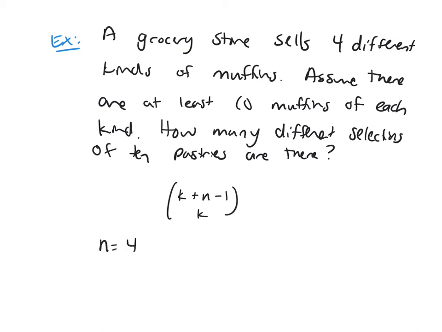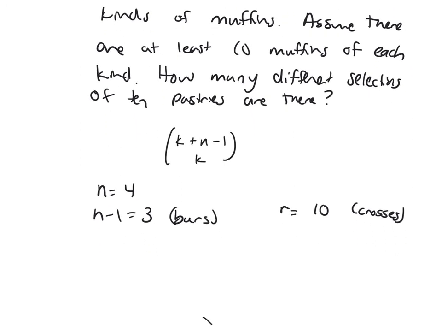So n is 4, which means n minus 1 is 3. There are 3 bars. And then r is our number of selections. So there's 10. Remember, those are crosses. So then it's 10 plus 3, choose 10, or 13 choose 10.